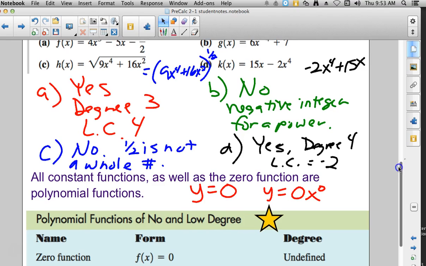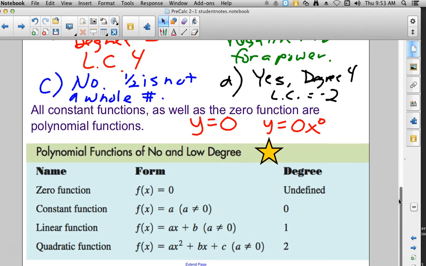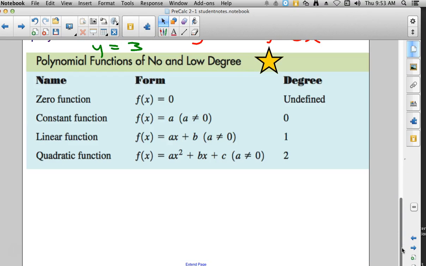All right, all constant functions as well as the 0 function are polynomial functions. So they're saying horizontal line y equals 3. That's a constant function because 3 is a constant. There's no variable there. That's not going to change. So polynomial functions of no and low degree. The 0 function, which again is just y equals 0.